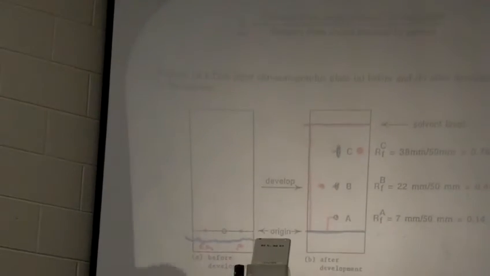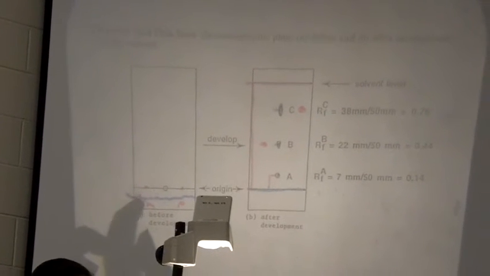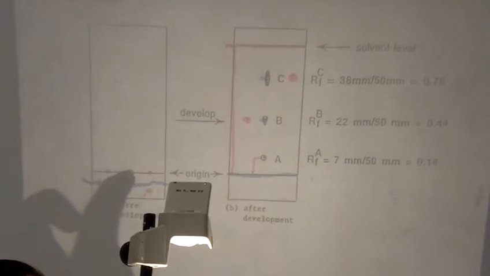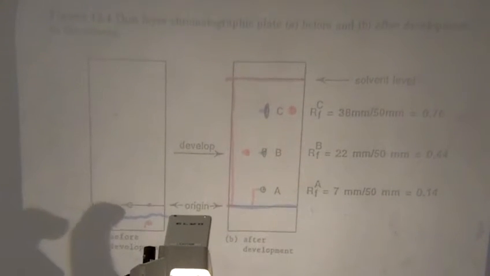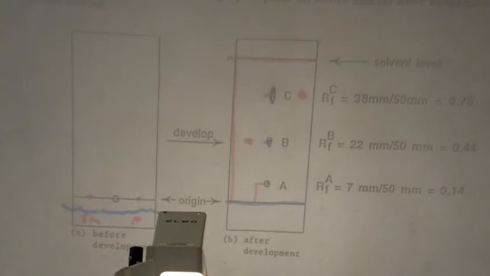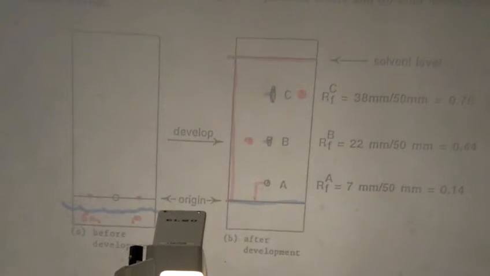So this is more what the TLC plate will look like, okay? So you set it vertically and you're going to spot right here on this line, on that origin line. Now, we'll talk here in a minute what RF value means.